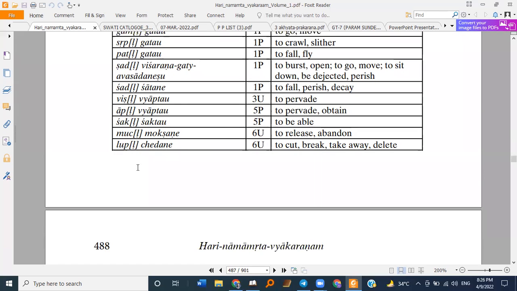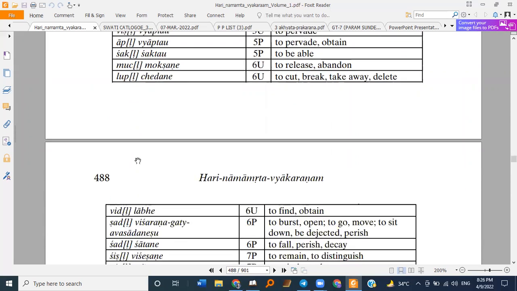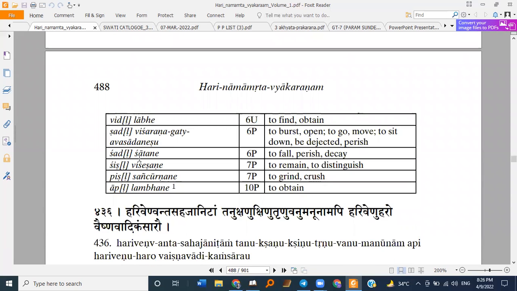Lupri chedane, lupta, lopa, ityadi. Then vidri labhe. So Veda, no, this is not Veda, that's different. Vindate, to attain something. Shashri visheshane. So words like Shesha, Vishesha, Shashta, ityadi.